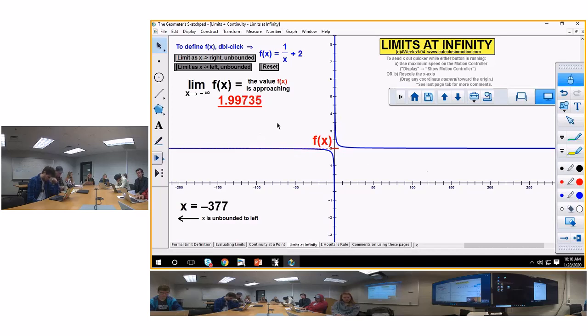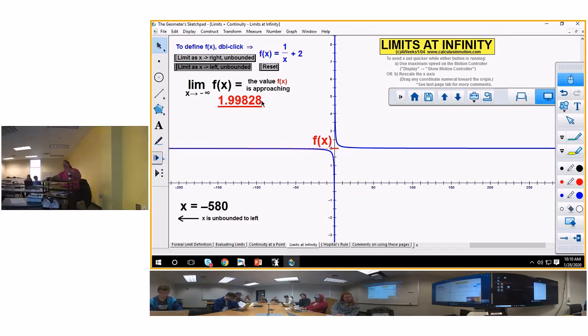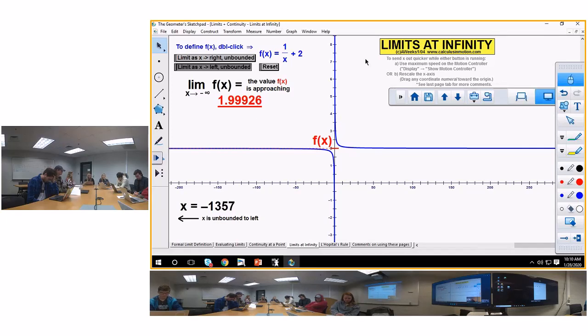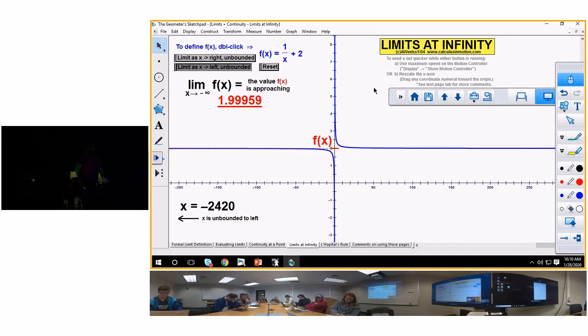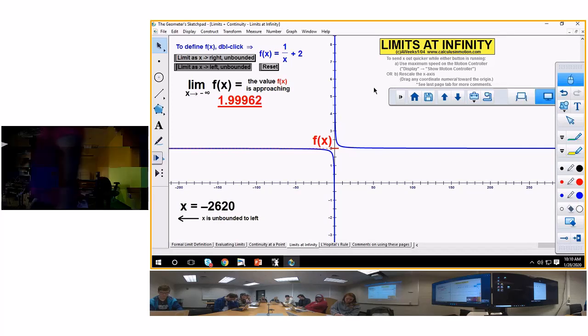Now make sure you make a note of this one, because 1 over x and 1 over x squared is used a lot with these questions. So tell me what is happening as x approaches 0 from the left and the right. Your limit is undefined, does not exist.